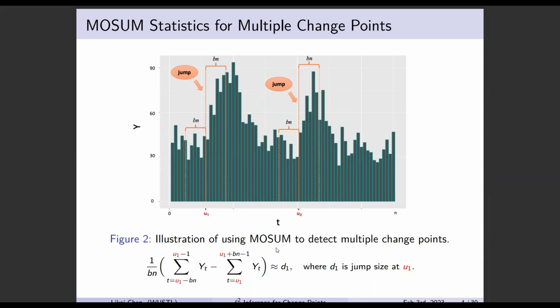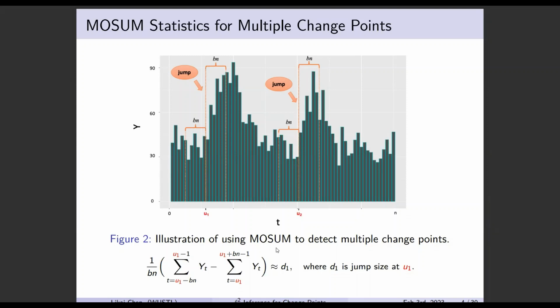We move the window from the beginning to the end, so we go over all the potential points. For each window, we look at the left average and the right average. If there is a break here, then you can imagine the difference between the right average and left average will be relatively large. And if there is no break, their difference will be relatively small. So this is the rough idea of the moving sum statistic.